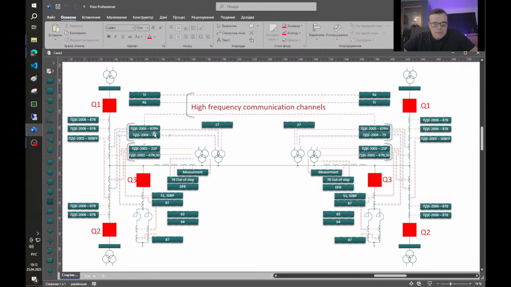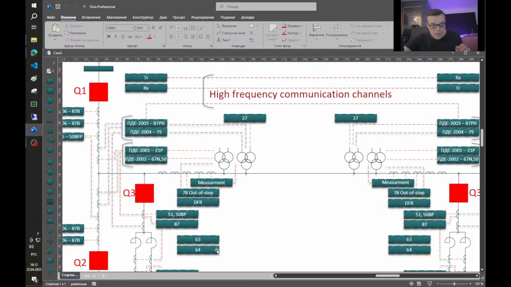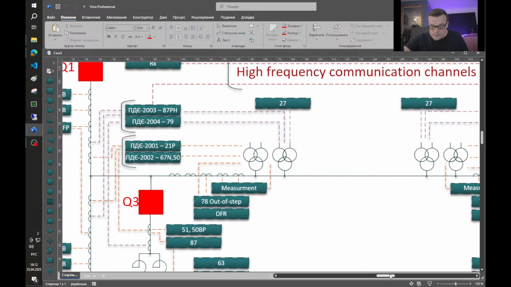In the Soviet Union, the most advanced protection was from the series called PD 2000, and it has various protections.